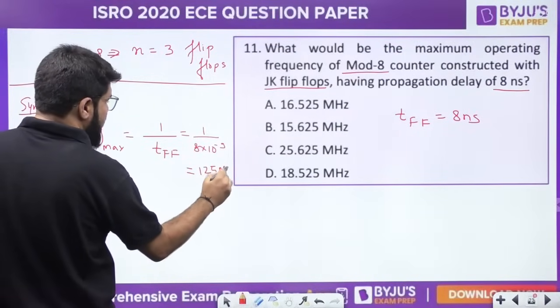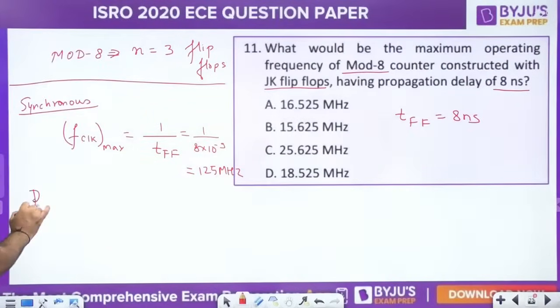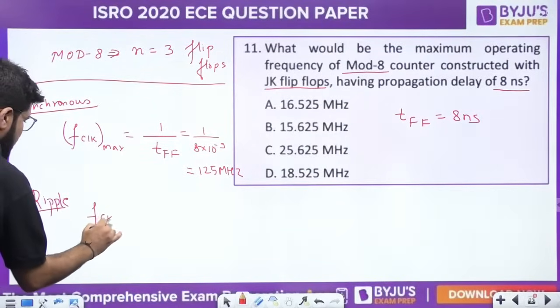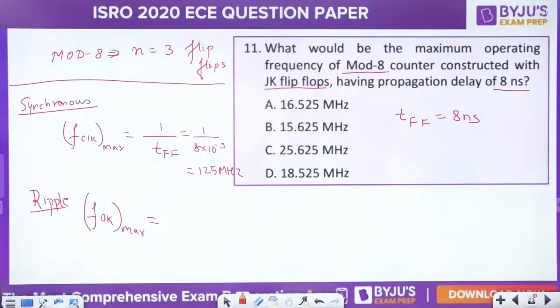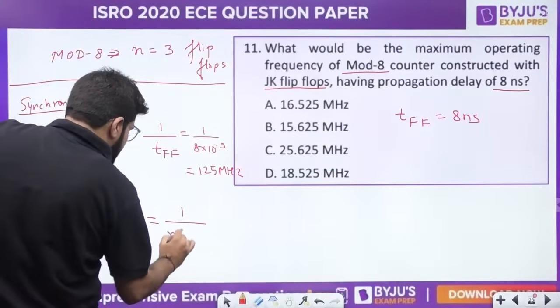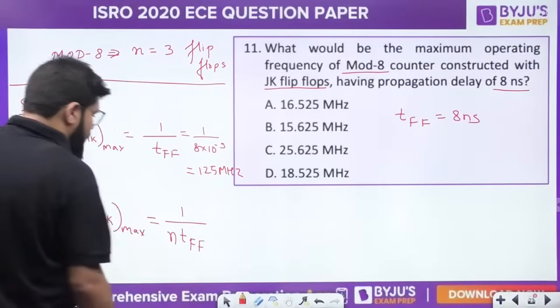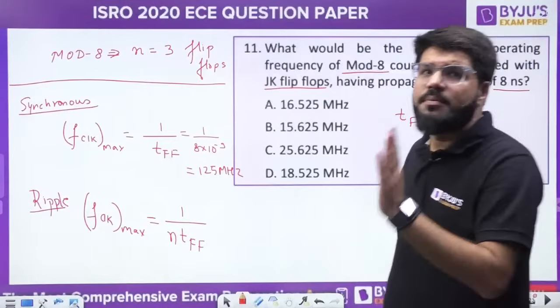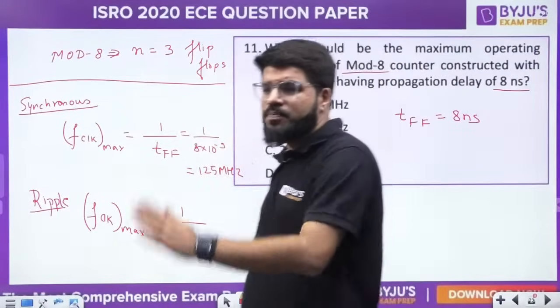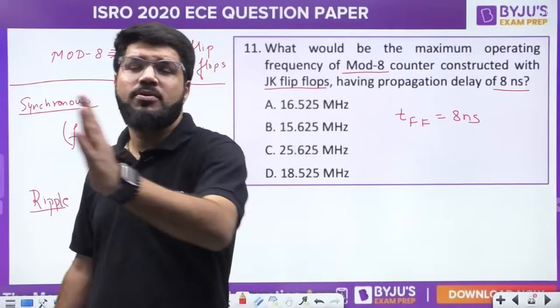That gives 125 megahertz. Now if I take a ripple design, since the design is not specified, let me try both. Here f clock maximum will be 1 upon n times T flip-flop, because the total delay in a ripple counter is the delay of one flip-flop times n, as the clock signal propagates from MSB to LSB one by one.